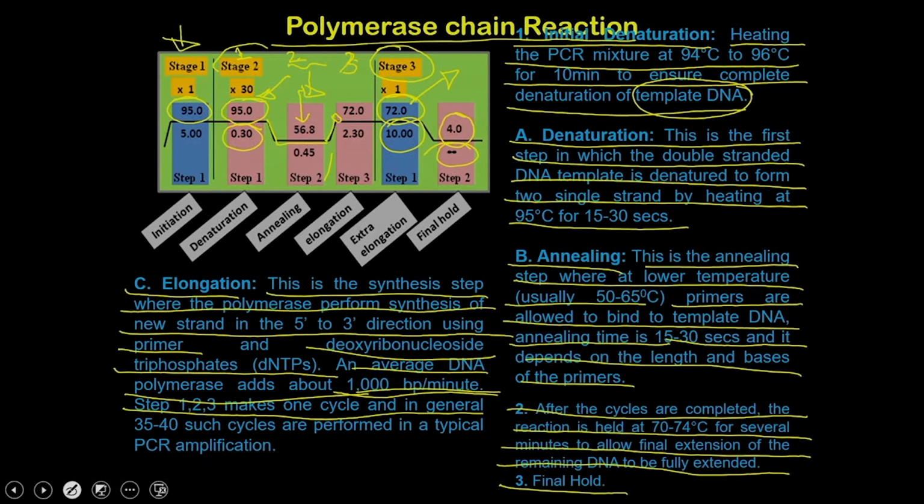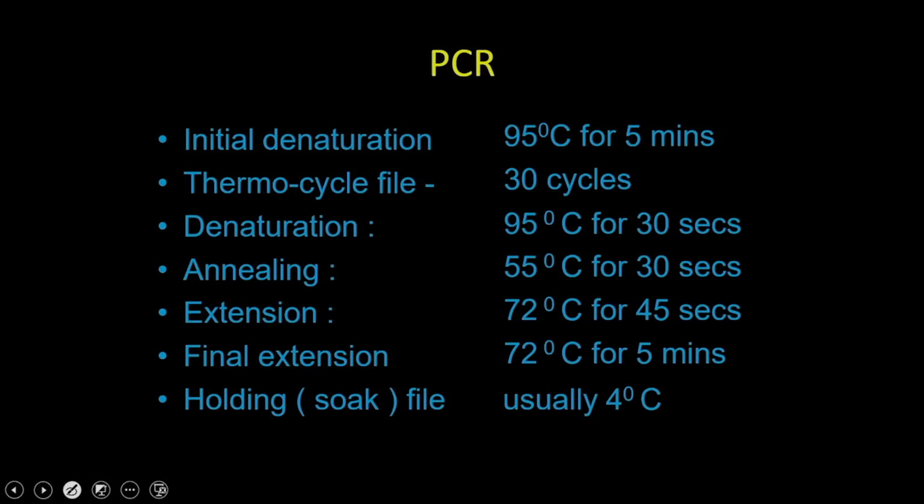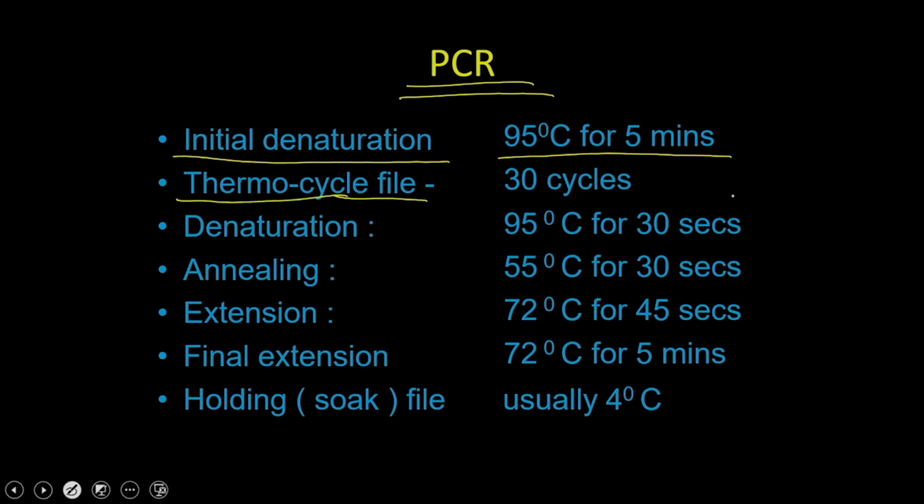So, what are the things you require for doing the PCR? This is a classical example of one of the reaction cycles. You are going to do initial denaturation at 95 degrees Celsius for 5 minutes, and then you are going to have thermal cycling, which continues for 30 cycles.